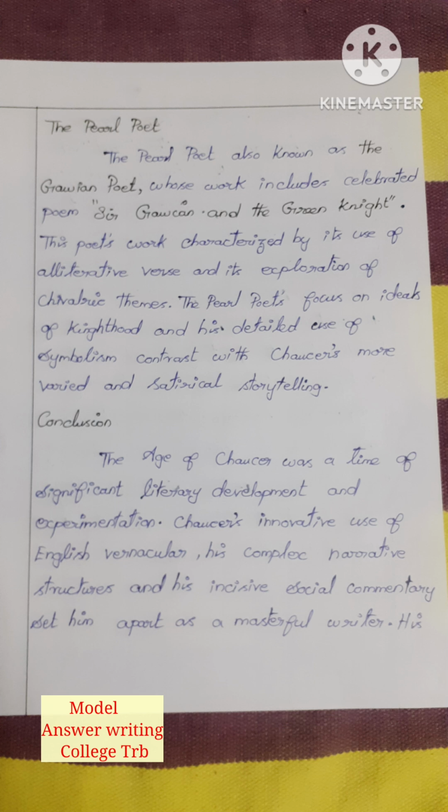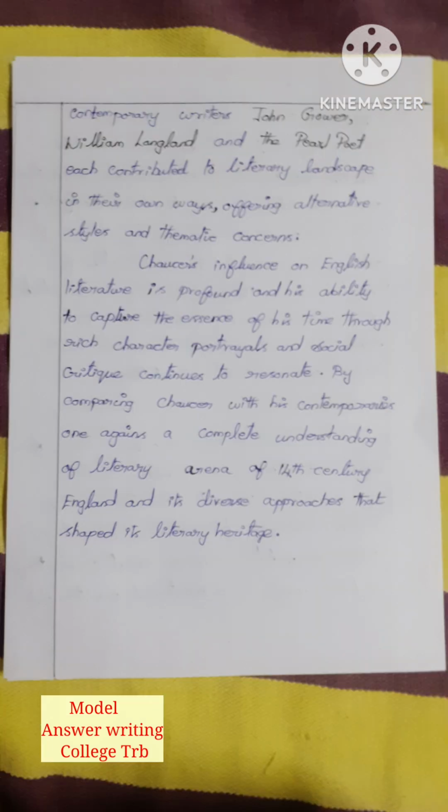Chaucer's influence on English literature is profound, and his ability to capture the essence of his time through rich character portrayal and social critique continues to resonate. By comparing Chaucer with his contemporaries, one can gain a complete understanding of the literary arena of 14th century England and its diverse approaches that shaped its literary heritage.